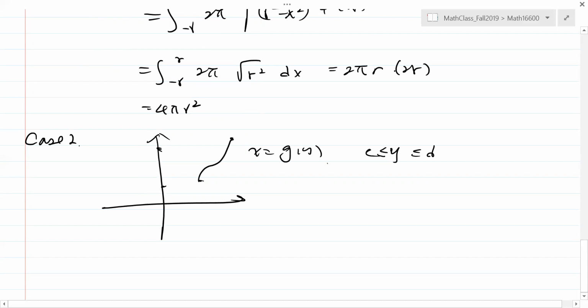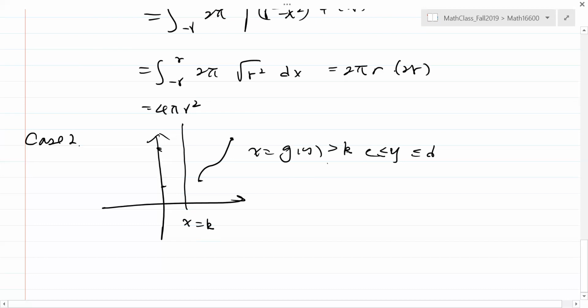So I can look at the general case. I'm not going to repeat again. So this is x equals k. I assume that the curve is on the right-hand side of the line, so I assume x is greater than or equal to k, just for example.